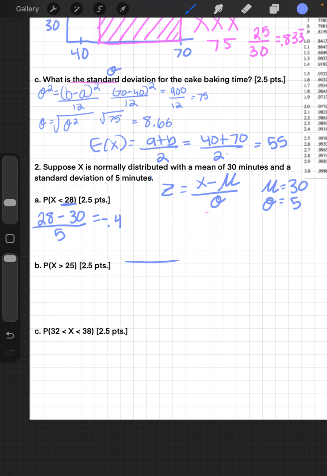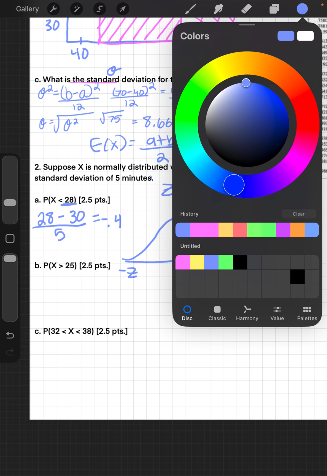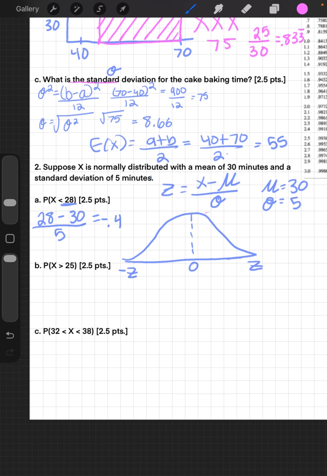I'm going to draw that chart real quick. Here. And since this is just going to be, it just means it's going to be on the left side.